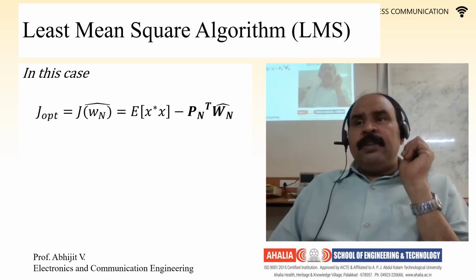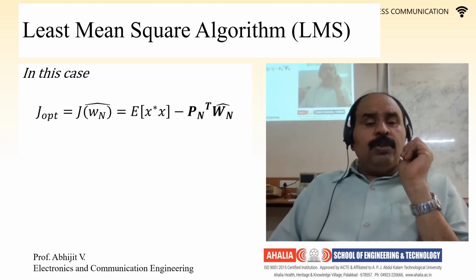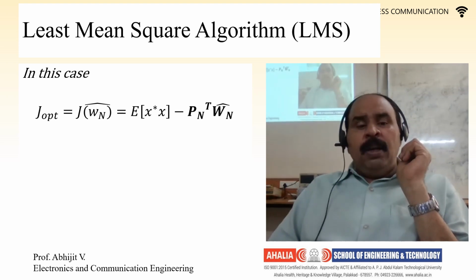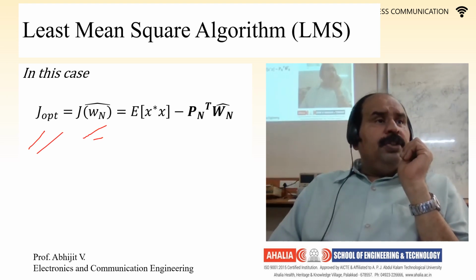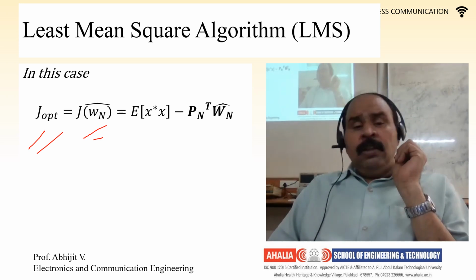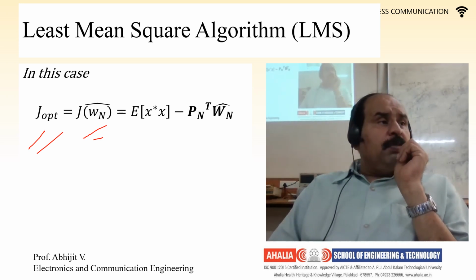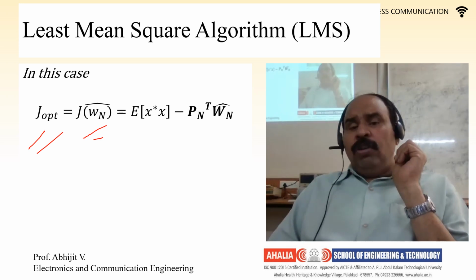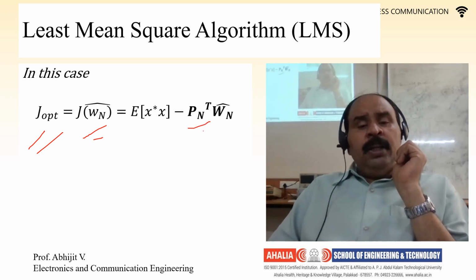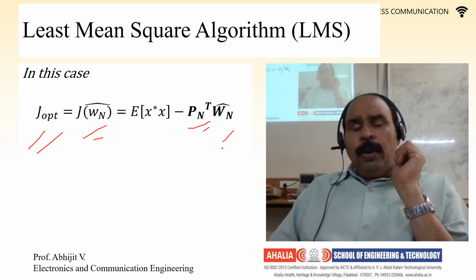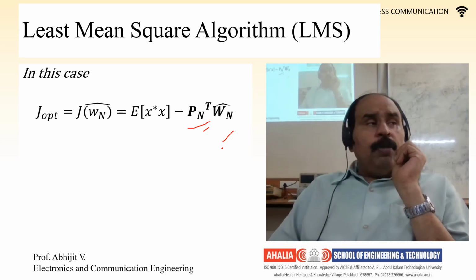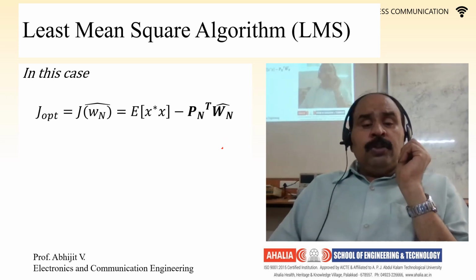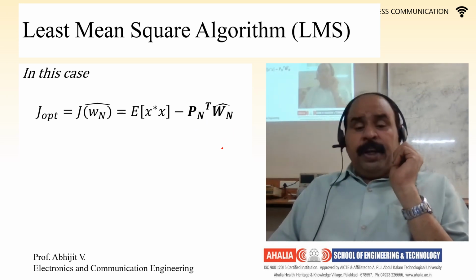So next, equating it to 0, we are going to find the optimal J opt, which is J as a function of the desired w_n, which is E of x conjugate into x minus P transpose into the desired w_n. So we are going to optimize the value of J so that we get the ideal values for w_n.